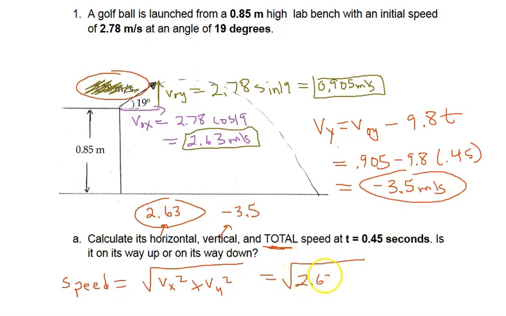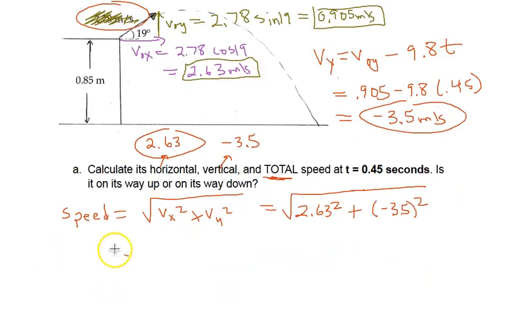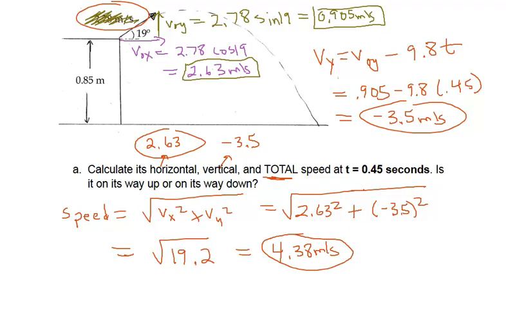So it's the square root of 2.63 squared plus, in parentheses, minus 3.5 squared. So that's going to become a positive. What you get is the square root of 19.2, which is 4.38 meters per second.